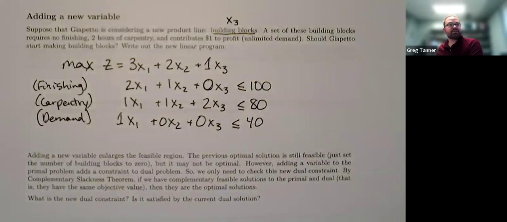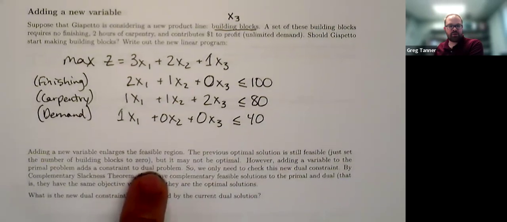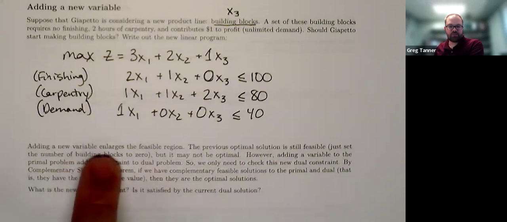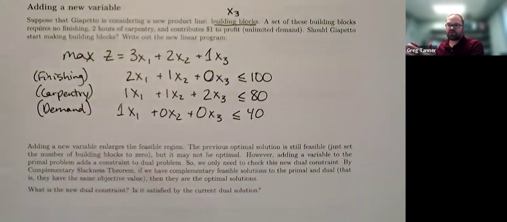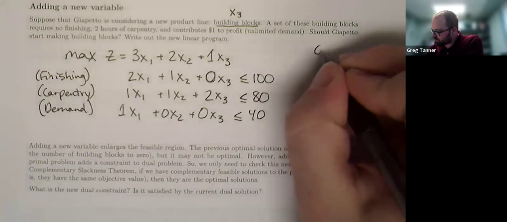Okay, that is our new problem. And so what happens when we add a new variable? If we think about our feasible region, we've enlarged the feasible region from 2D to 3D. Any solution that was feasible before, including the optimal solution, is still feasible, just setting the number of building blocks to 0.